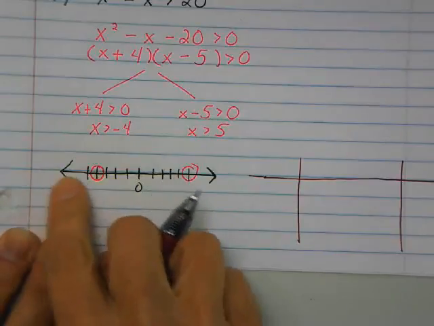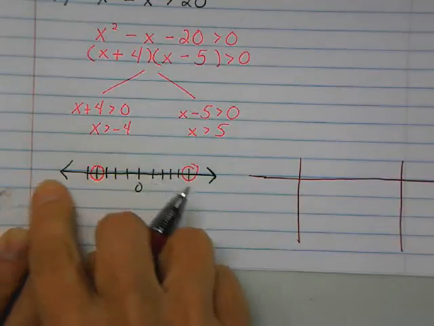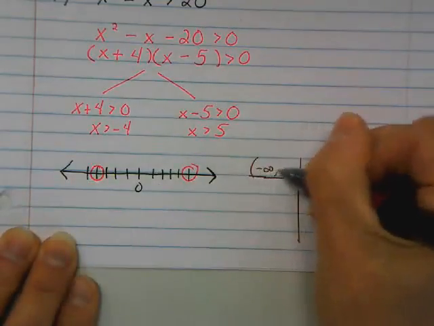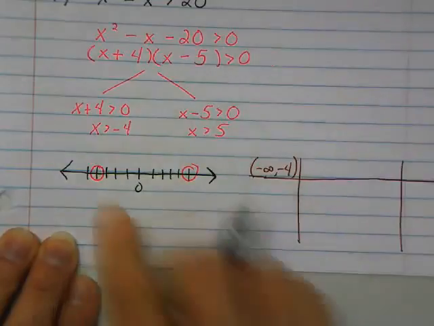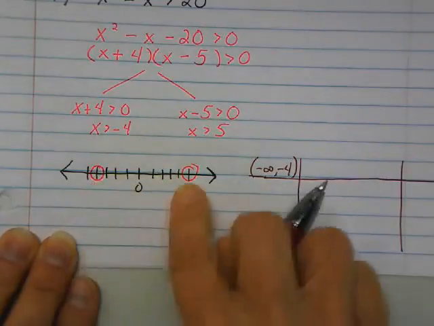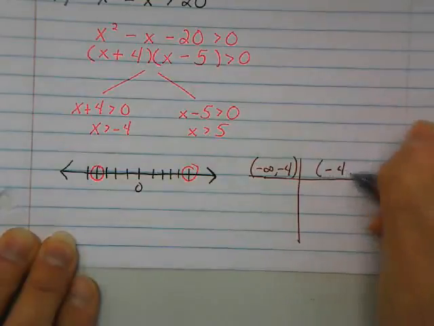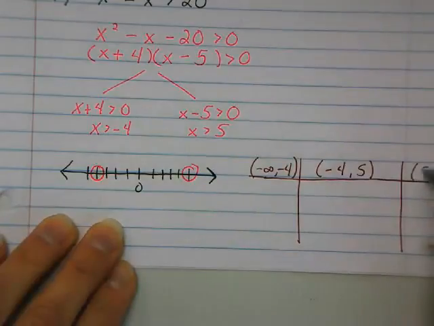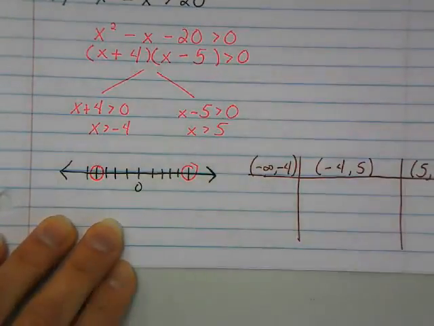From negative infinity until I get to negative 4. And what numbers are in this range? From negative 4 to 5. And then in this range, it would be 5 to positive infinity. Alright, so far so good.